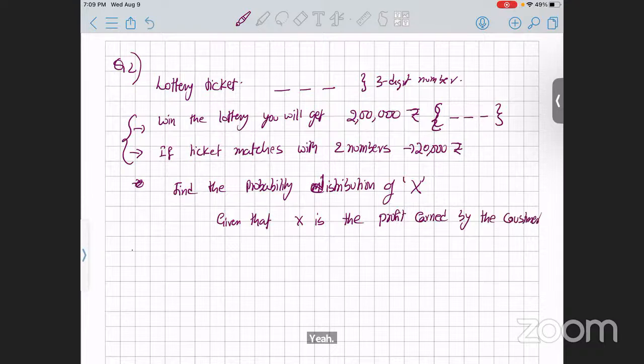Also given, entry ticket for lottery is 5,000.